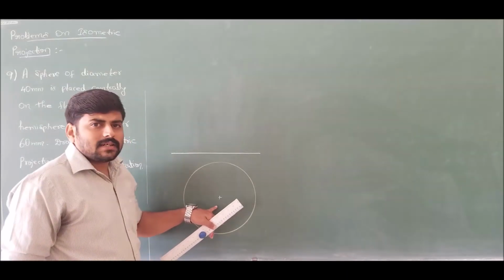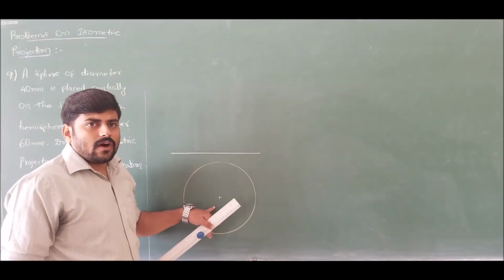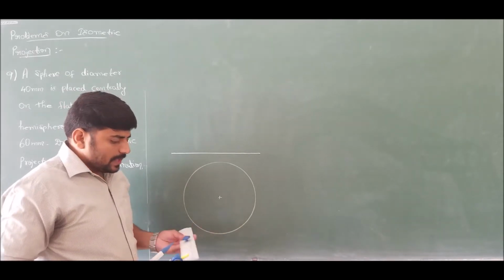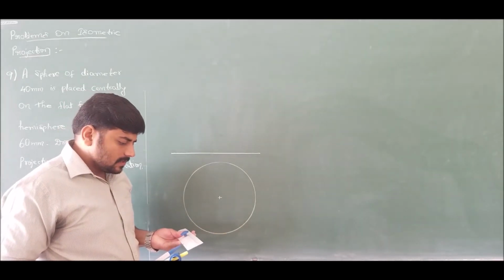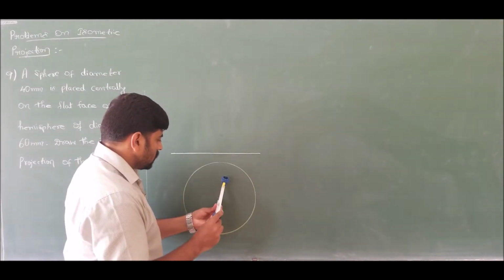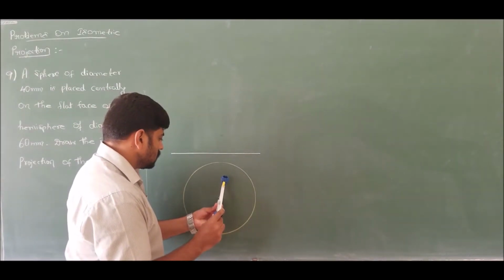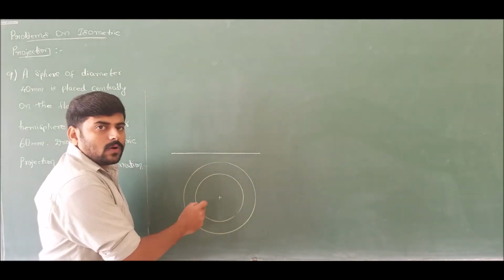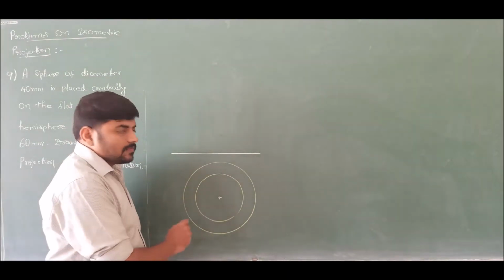Now at the center we have a sphere of diameter 40 millimeters. So therefore, choosing 20 mm as radius, draw one more circle. This completes the top view of the given combination of solids.